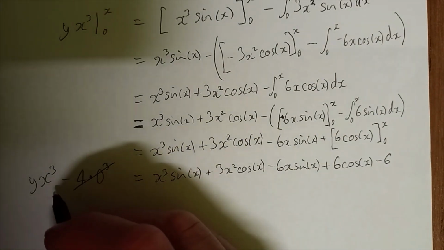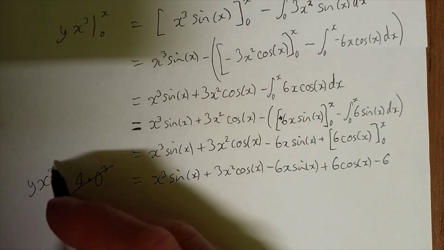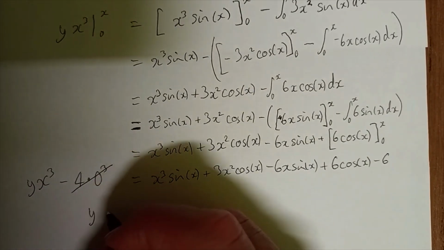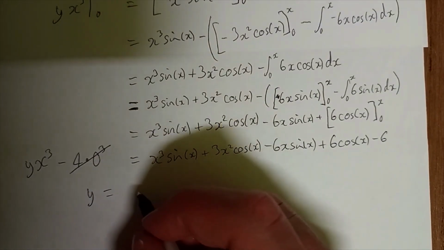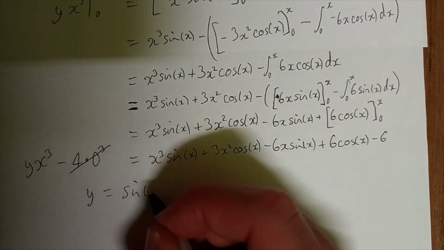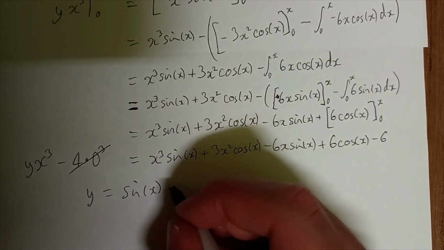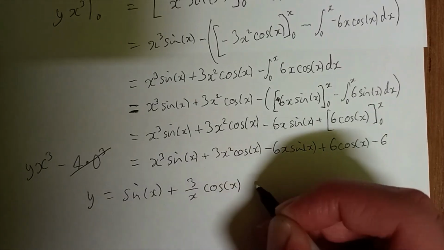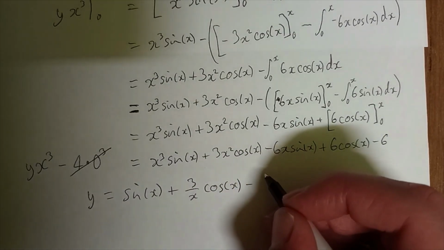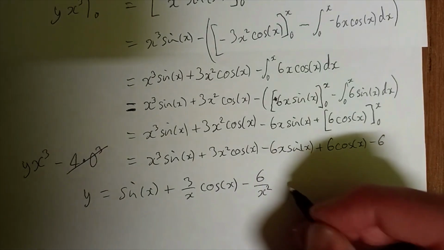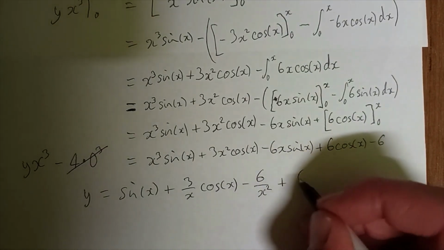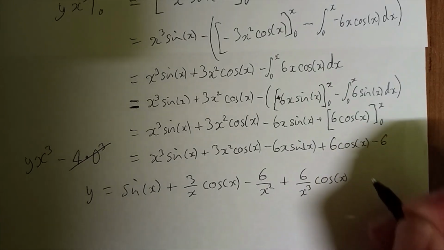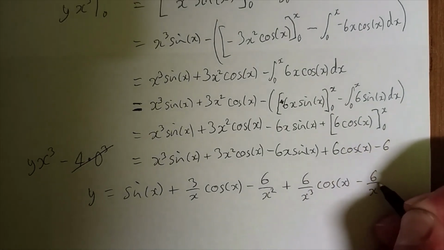So we need to divide through by x cubed to get y. So that will be y equals sine of x plus 3 over x cos of x minus 6 over x squared plus 6 over x cubed cos of x minus 6 over x cubed.